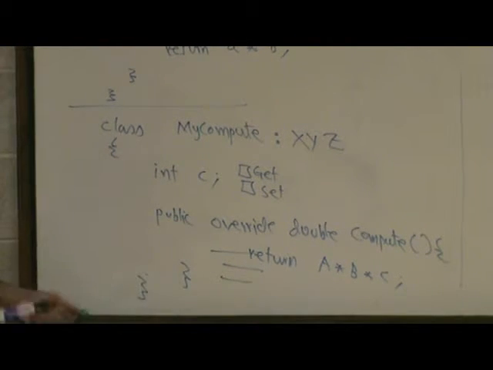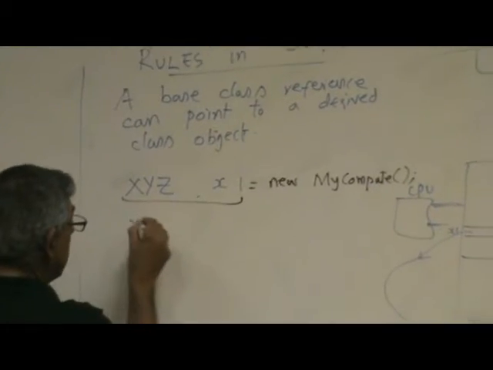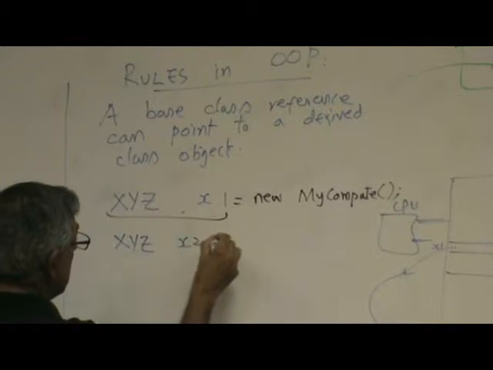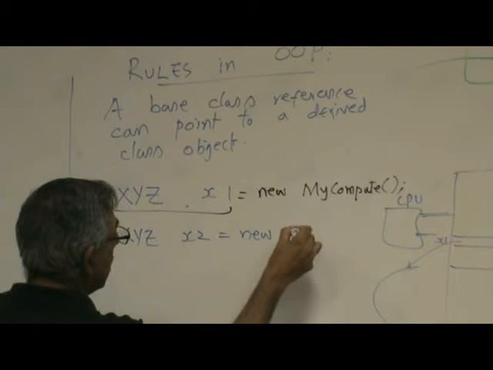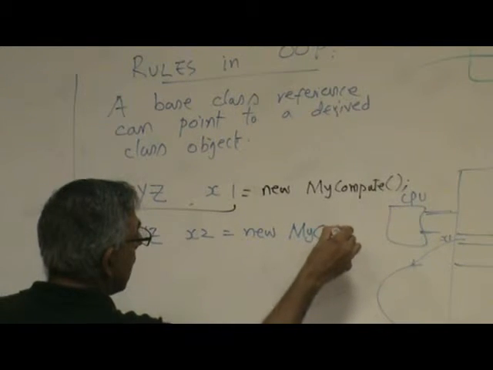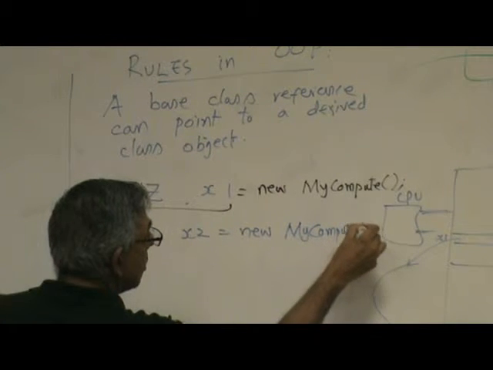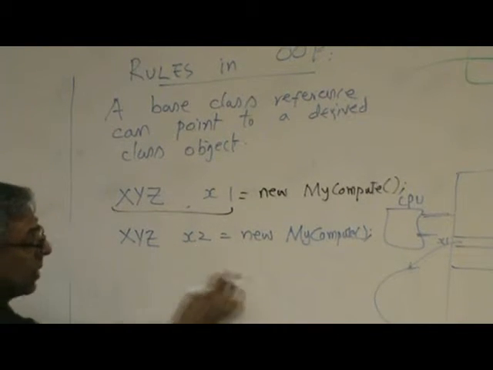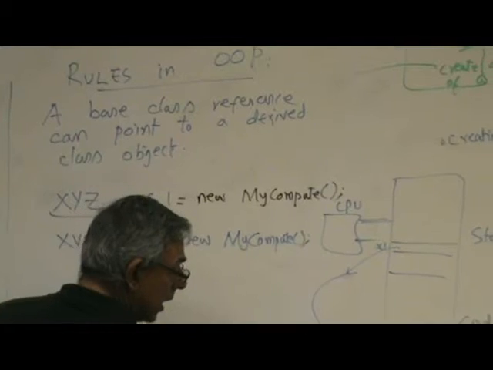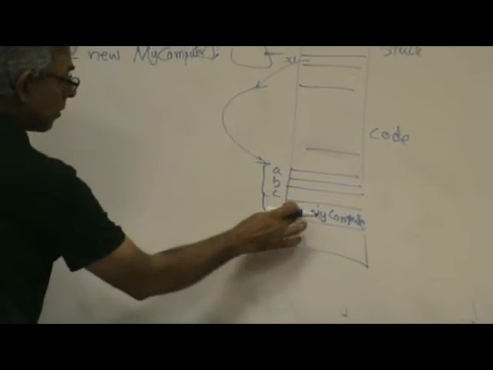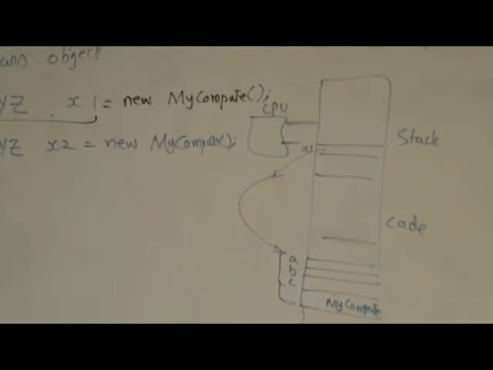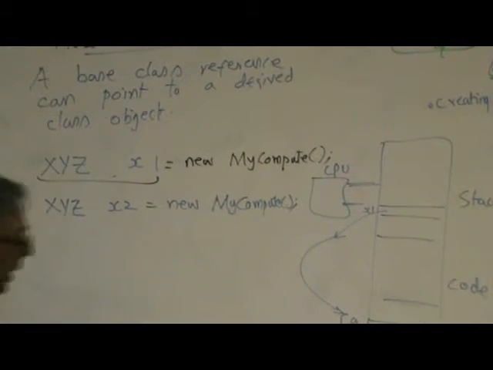So no matter if I create x1 or x2, suppose I create 2 of these. x1 looks like this, and suppose I was also storing the code for my compute with every object.